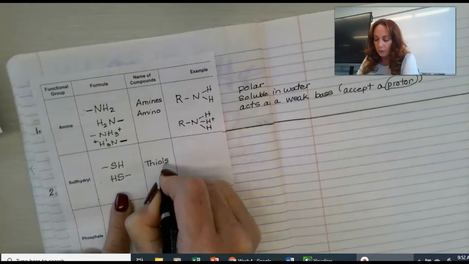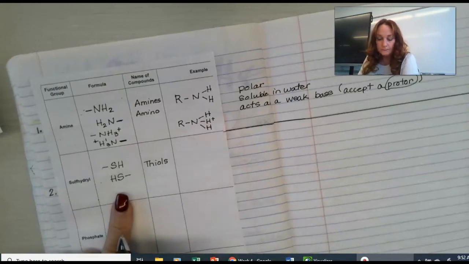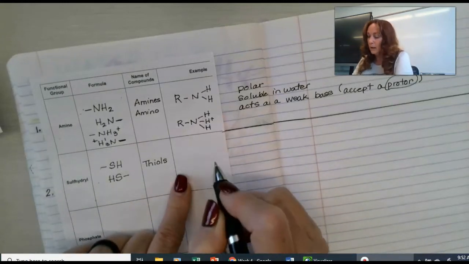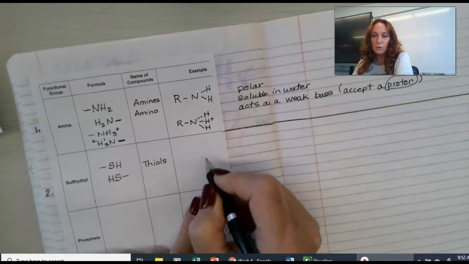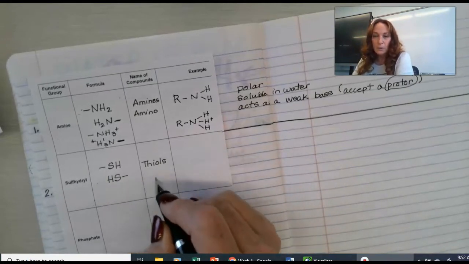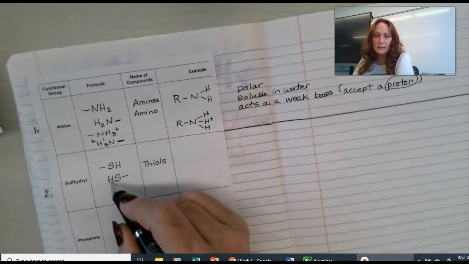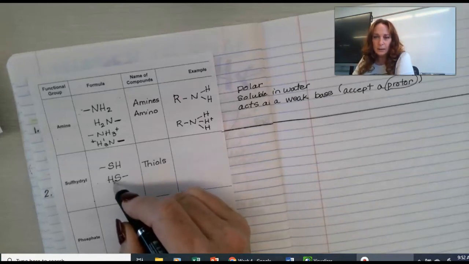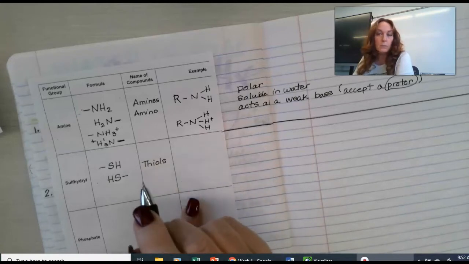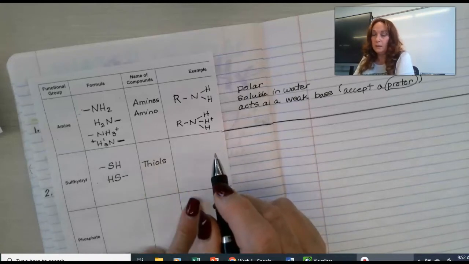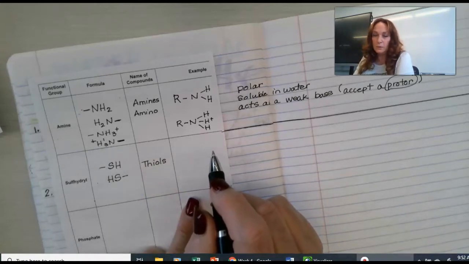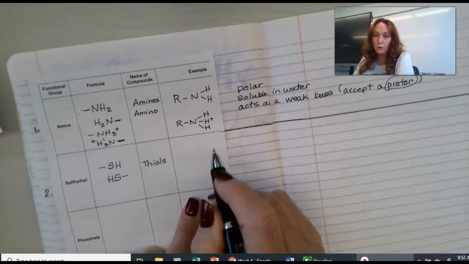So they're called thiols. And I'm going to draw an example of a really important amino acid that has a sulfhydryl group. This is preemptive because you don't know how amino acids are structured, but I'm still going to teach it to you and walk you through it.